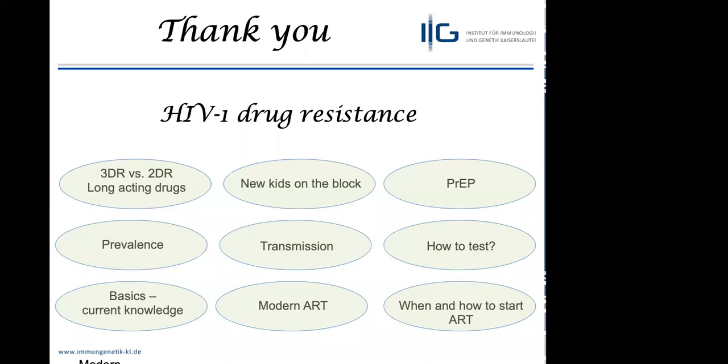On the other hand, we know that suppressed patients do have a life expectancy similar to non-infected patients. So these patients might lose the most if we change anything and end up with treatment failure.